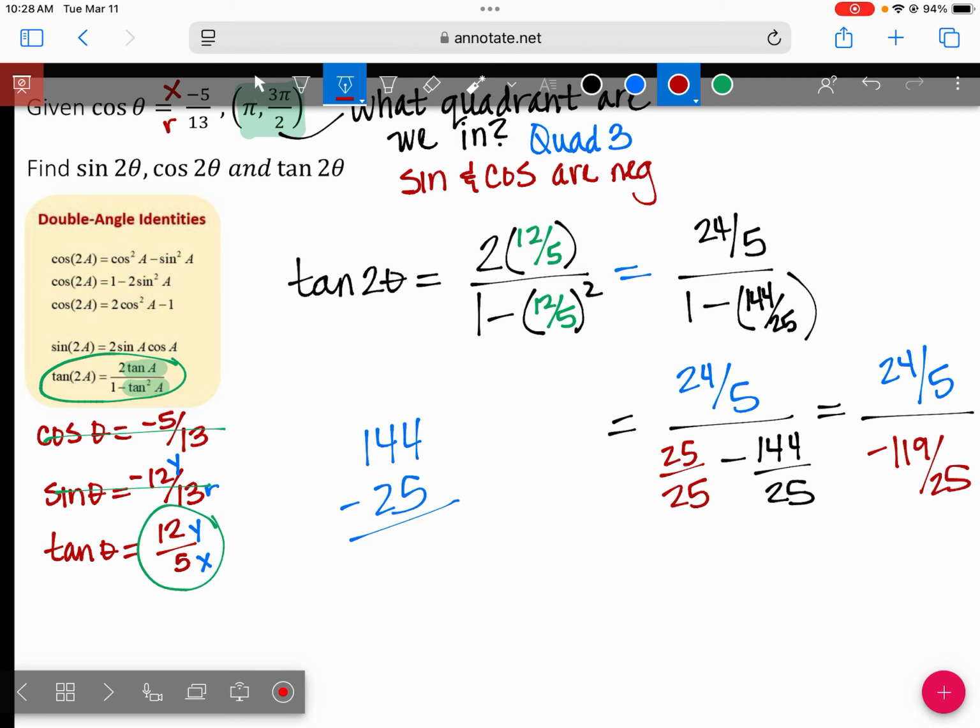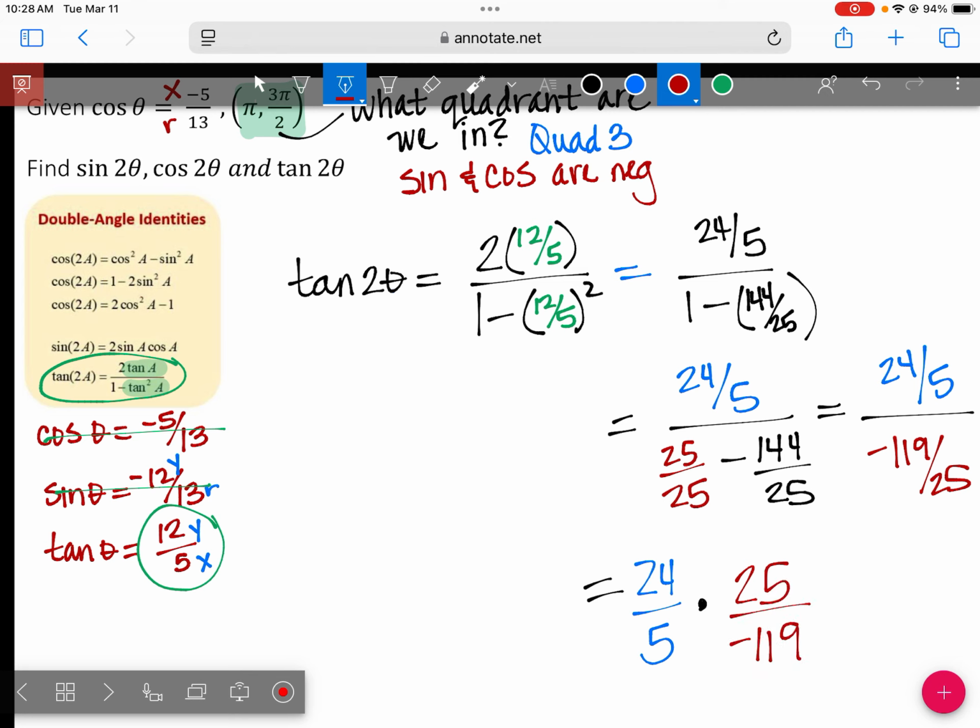So we're dividing these fractions, and when you divide fractions, we do keep, change, flip. So that's going to give us 24 over 5 times, and then we flip it, 25 over negative 119.